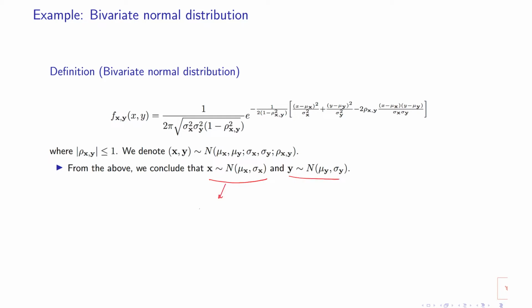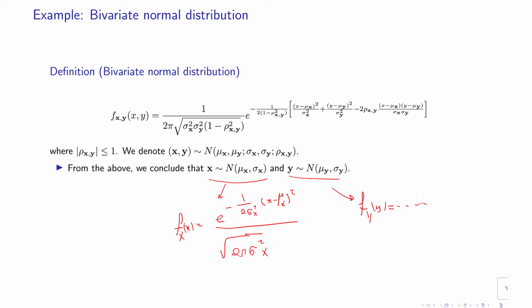This means that f x of x is equal to e to the power of minus 1 over 2 sigma x squared times (x minus mu x) to the power of 2, divided by the square root of 2 pi sigma x squared. And you write the same distribution for f y of y. It is very easy, because if you integrate with respect to x from minus infinity to plus infinity, some of those terms disappear.